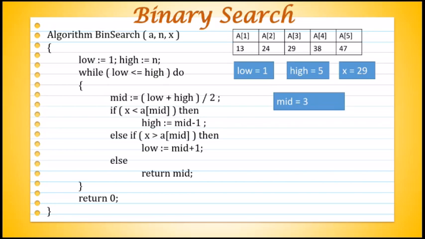So 29 is greater than 29. Even this condition is false. That means we will execute the else part. In the else part, we are returning the value of mid. So return 3. Because we are returning 3, the value which we are searching is present at position 3.